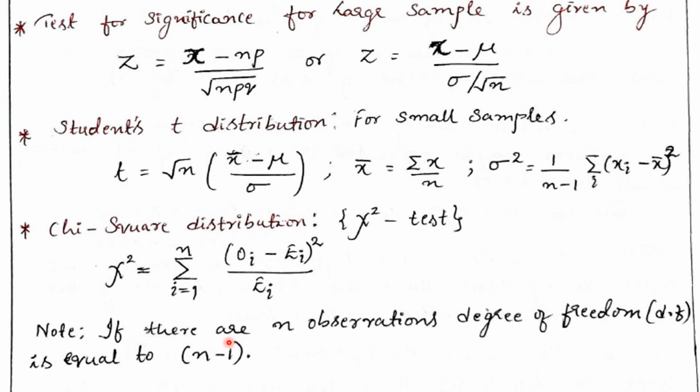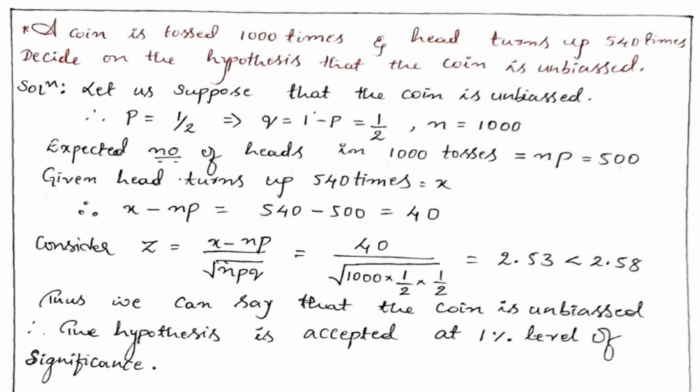If there are n observations, the degree of freedom, called df or denoted by the symbol nu, can be given in terms of the nu symbol. If the number of observations is n, then the degree of freedom is given by n minus 1. Now moving on to the problems.